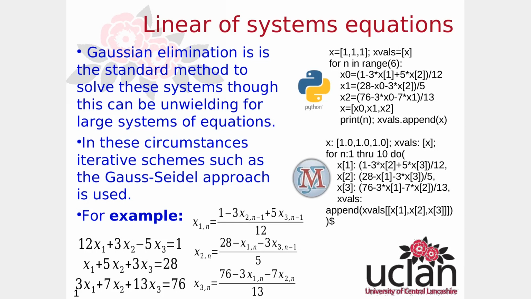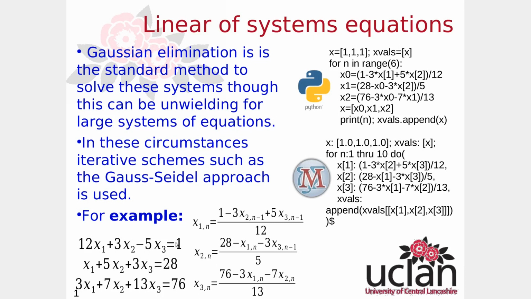The process is to solve each of the equations, the first equation for x1, the second equation for x2 and the third equation for x3, and use that as successive iterations into each one.